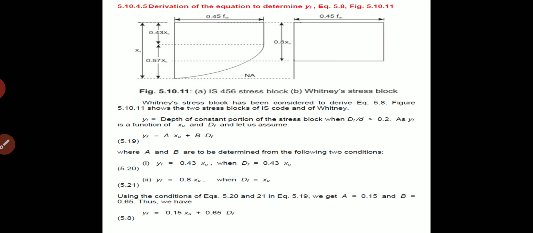This is the stress block that has been considered to derive the equation.